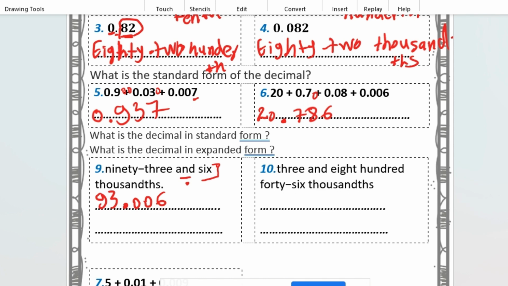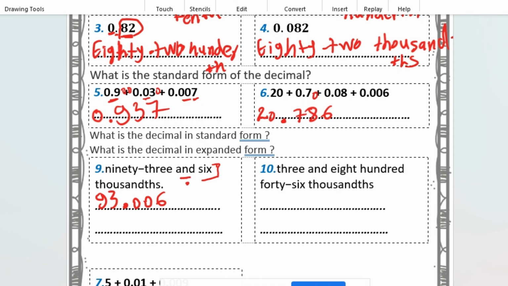Now the expanded form here, you know it. It's pretty simple. This is the expanded form. So we just put the ones and tens aside using place value, and tenth and hundredth and thousandth. So here this will be what we have.